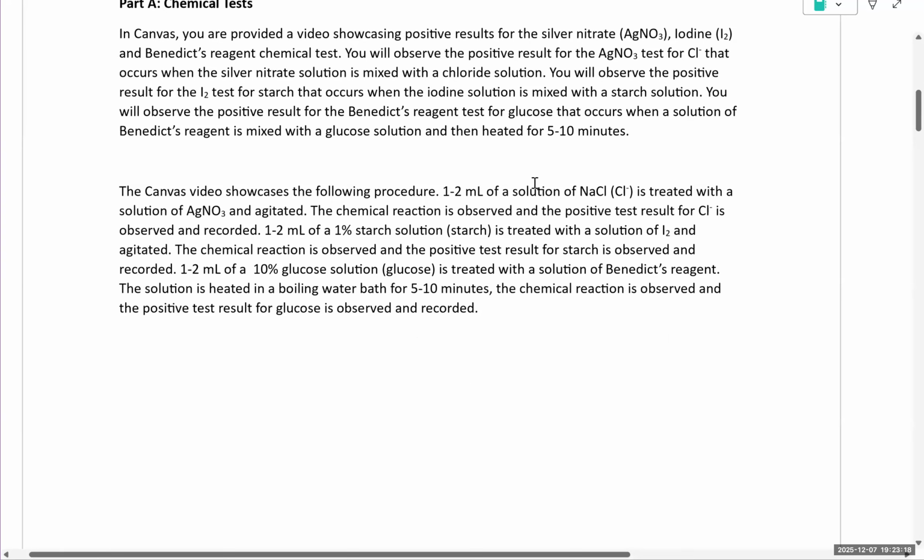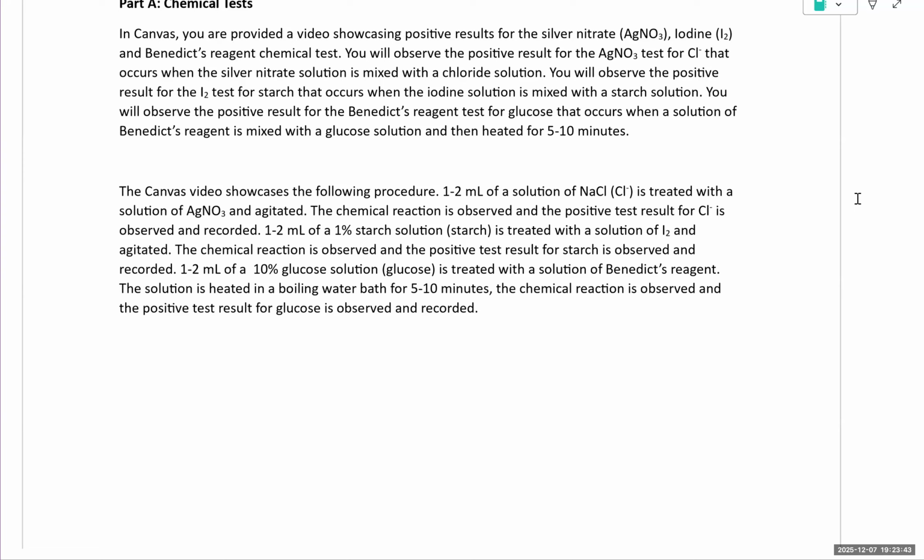The Canvas video that we're going to watch showcases the following procedure, where 1 to 2 mL of sodium chloride is treated with a solution of silver nitrate and agitated. The chemical reaction is observed, and the positive test result for chloride is observed and recorded. For the next test, for starch, 1 to 2 milliliters of a 1% starch solution is treated with a solution of iodine and agitated.